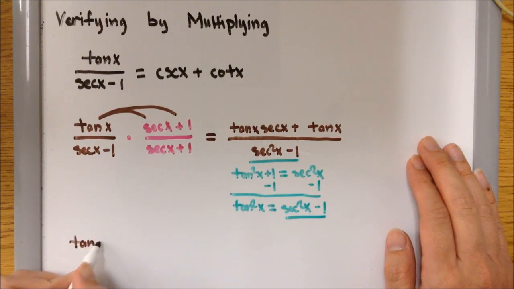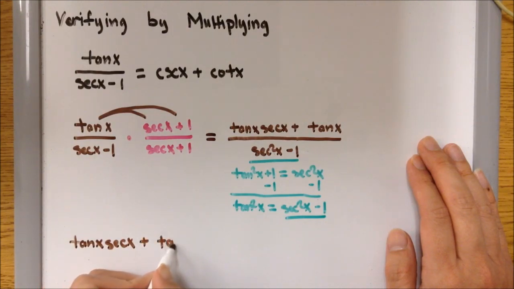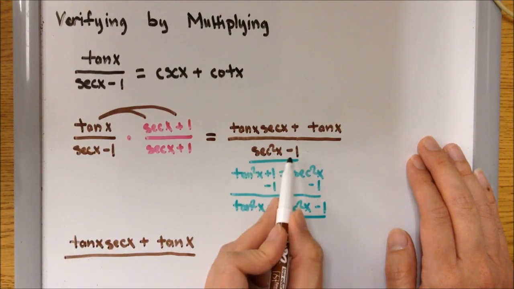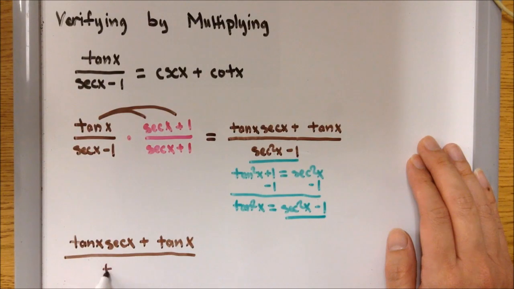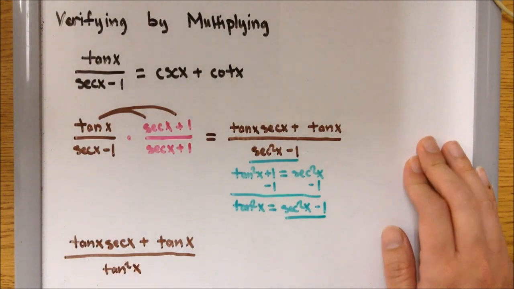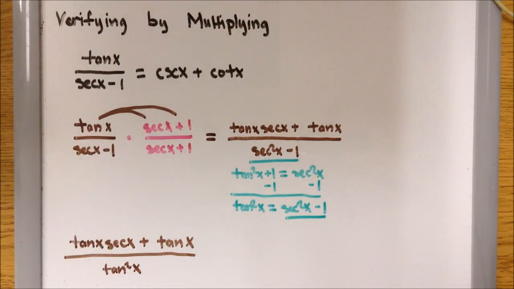So I'm going to rewrite it right here: tangent of x times secant of x plus tangent of x, all over, now again, instead of secant square x minus 1, tangent square x in the denominator. Now, I notice I have tangent x on the top and I have tangent square x on the bottom.